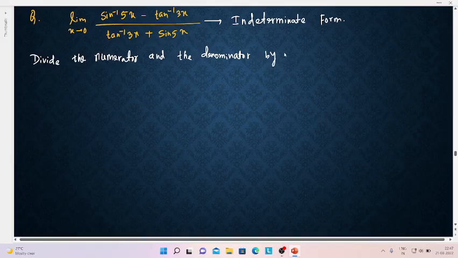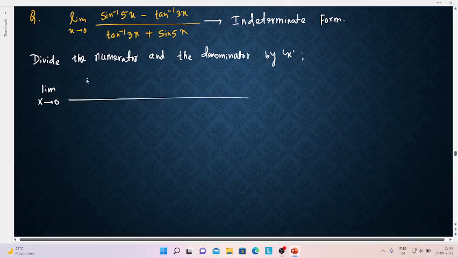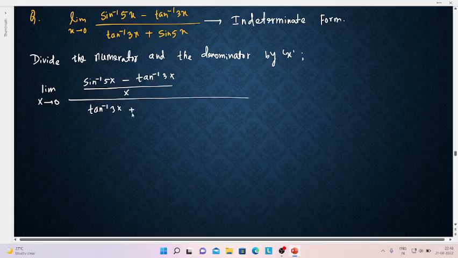So if we divide the numerator and denominator by x, it will become limit x tends to 0, the numerator will become sine inverse 5x minus tan inverse 3x over x. Similarly, the denominator will become tan inverse 3x plus sine 5x over x.